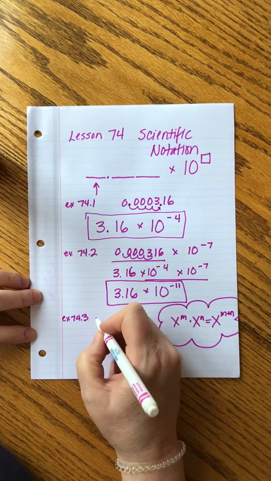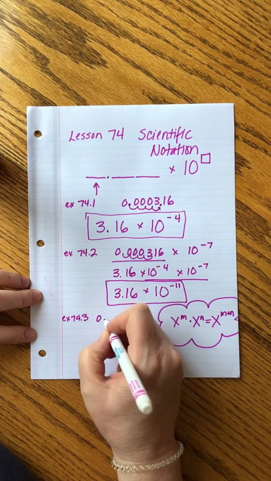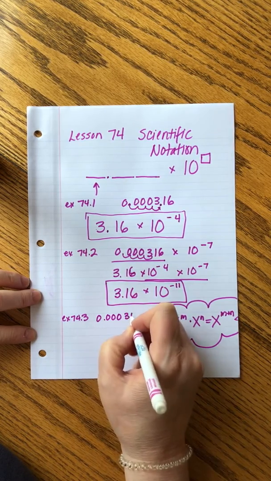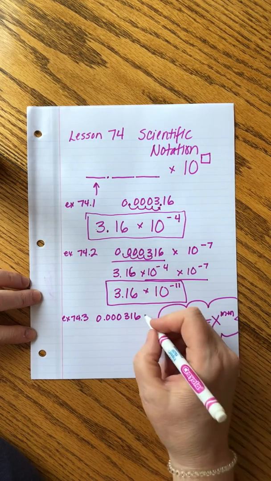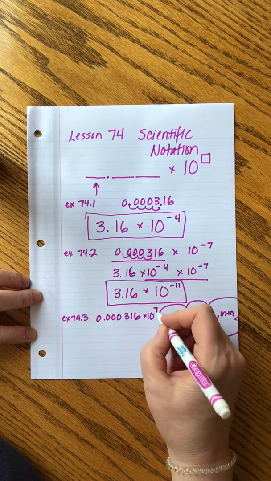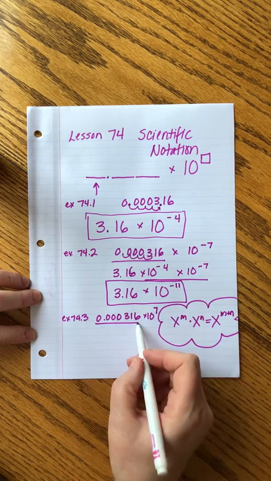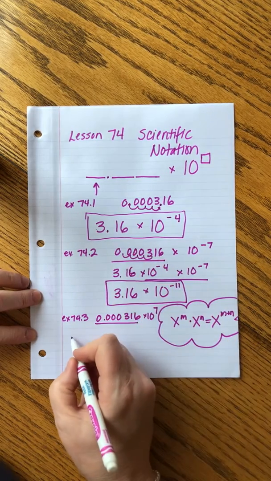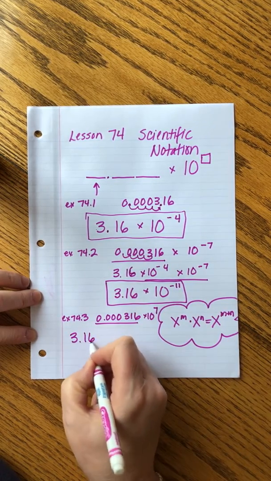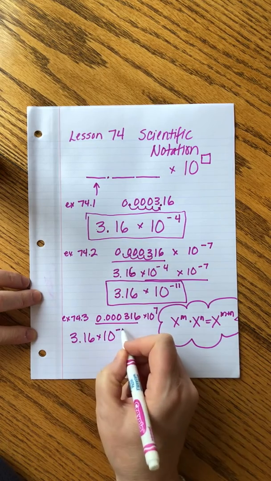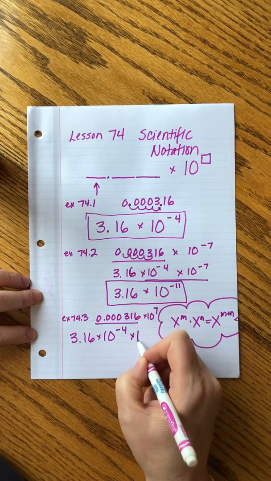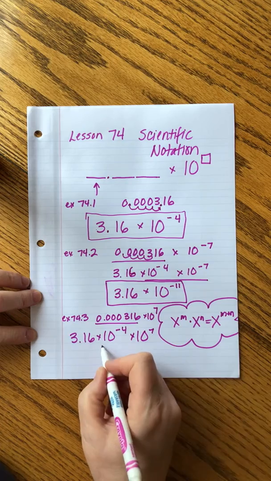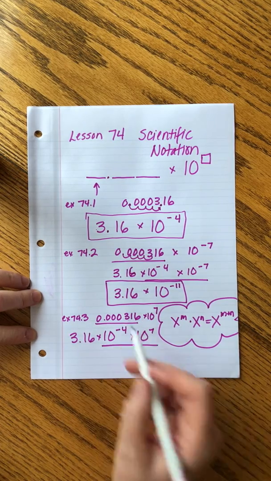74.3. This time we have our same number, 0.000316 times 10 to the positive 7. Okay, this we know how to do. We've already done it twice. This becomes 3.16 times 10 to the minus 4. And this time we have to combine it with 10 to the 7. So I skimmed over the first step because we've done it twice.